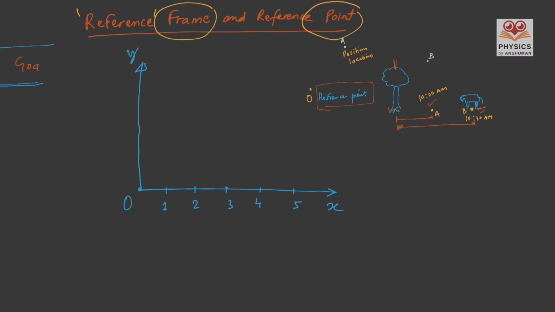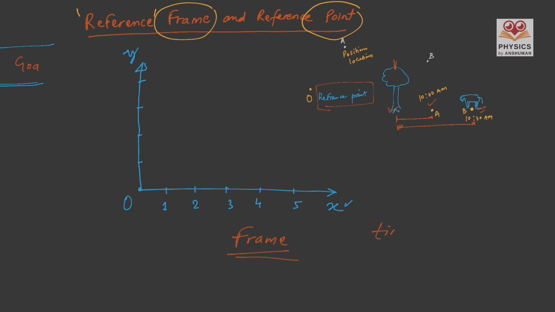So if it is a two-dimensional motion, meaning motion happening in a plane, like what you can draw on your notebook or see on the screen right now, we are using a two-dimensional surface. It has length, it has breadth, so it is two-dimensional. That's why, to show two dimensions, we can use an x-axis and a y-axis. So if you attach scales with the reference point, then it becomes a frame. It looks like a frame, and this frame is called a reference frame.